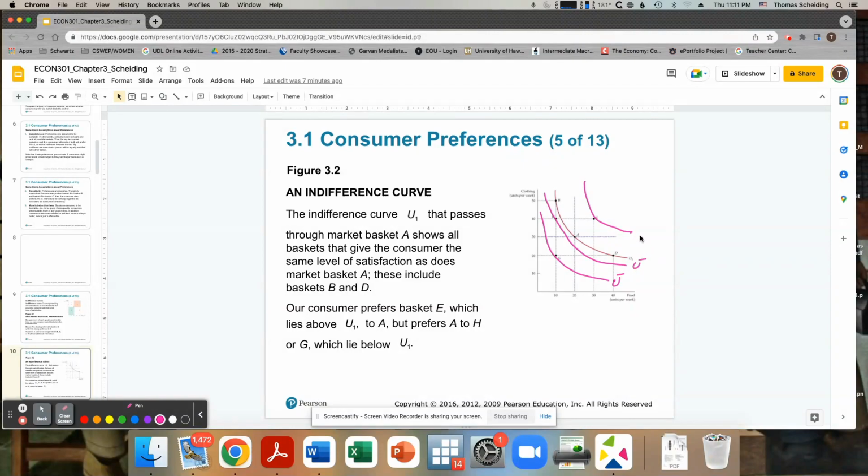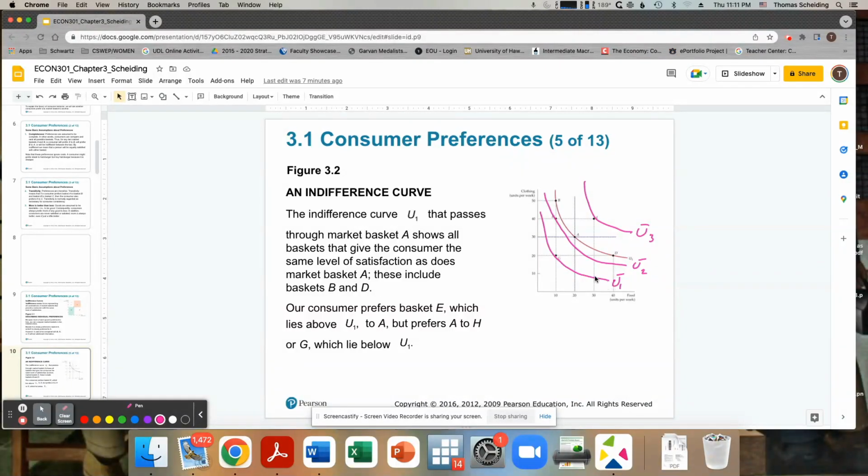So again, along each of these, the total utility is constant, but let's call it U1, U2, U3. U3 is preferred to everything else. U2 is preferred to U1.